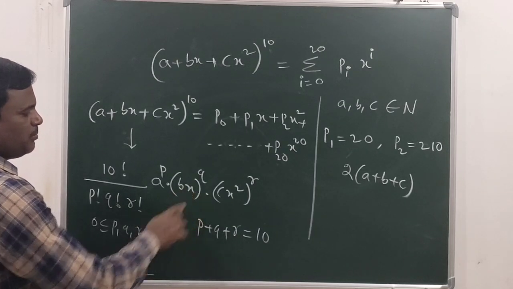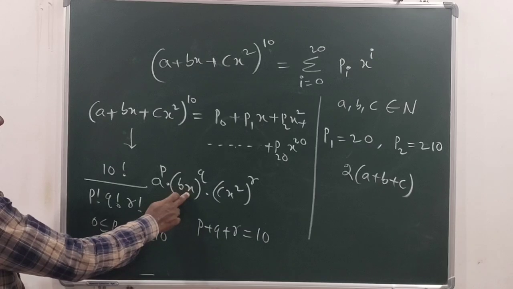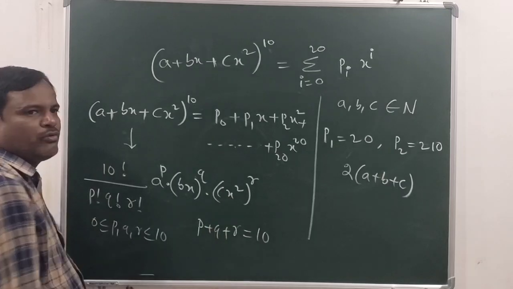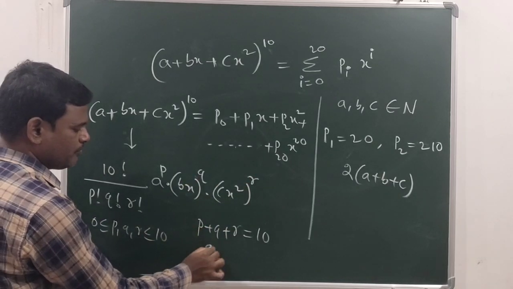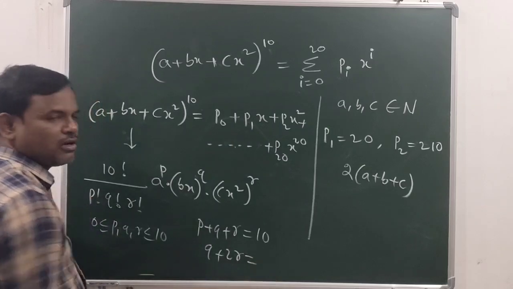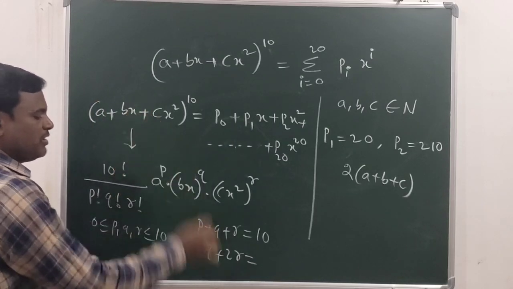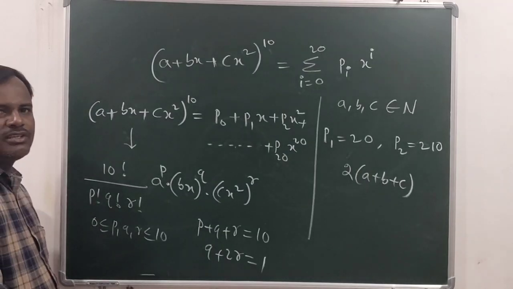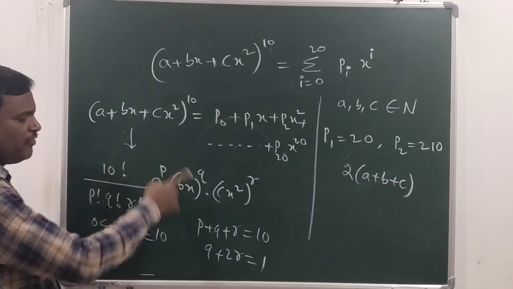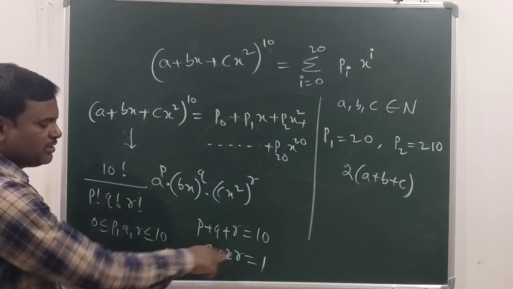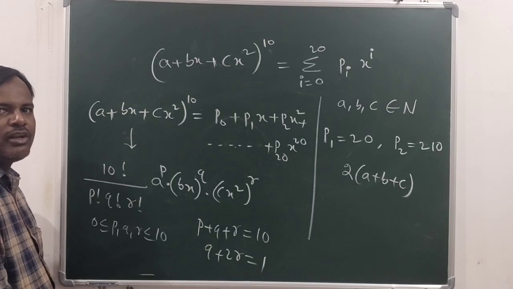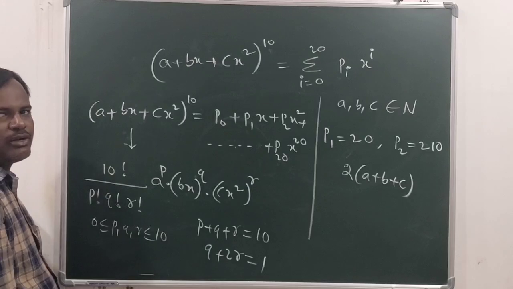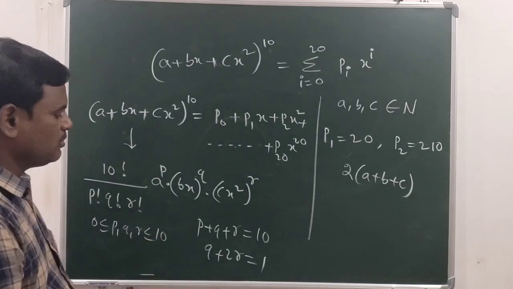In the simplification, students, see here x power q and x power 2r you will get, q plus 2r, which is equal to the power of x, 1. So this is the coefficient of x power 1. If you simplify these two, you get values for p, q, r, and substitute all of them here, so that you will get the coefficient of x. Now simplify.